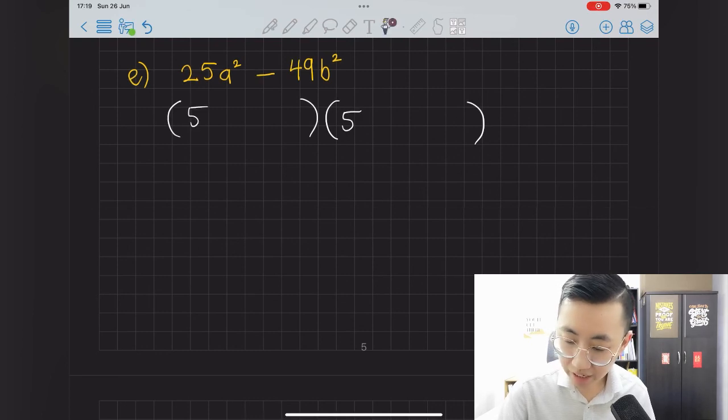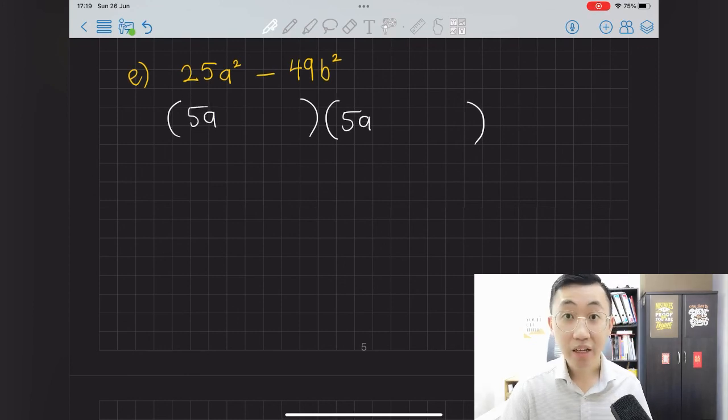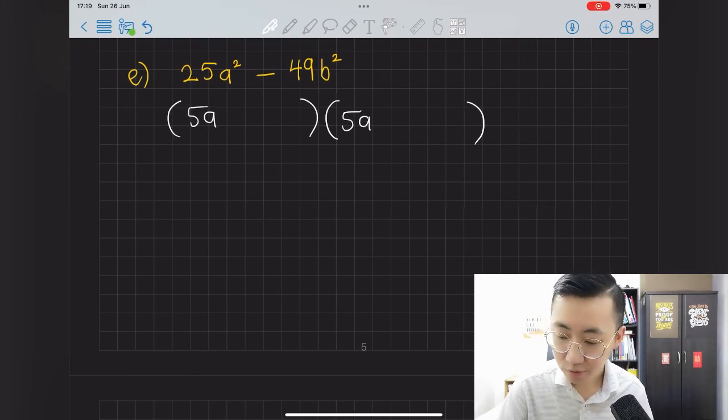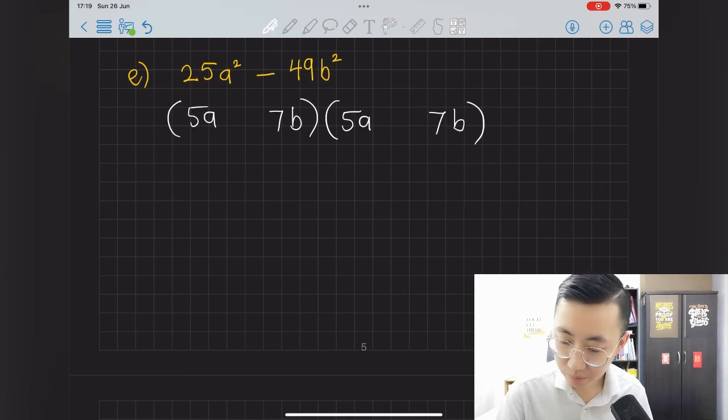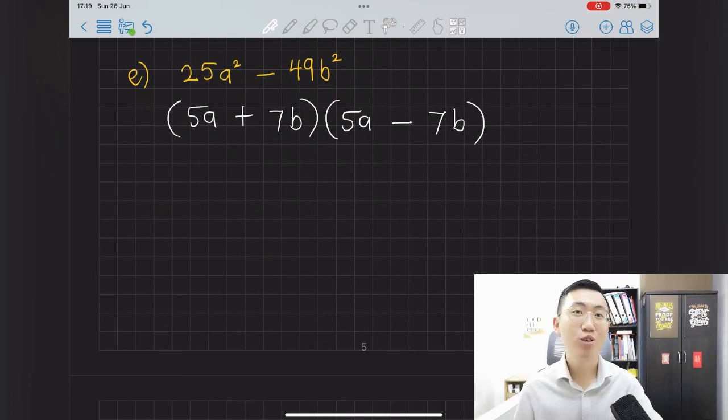And then think about a squared. a squared is actually a and a, right? Then let's focus on the other side. 49 is actually 7 and 7. So write 7, 7. b squared comes from b and b. And then you just need to put plus and minus. So there you go, the last question.